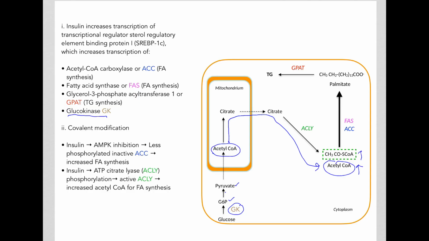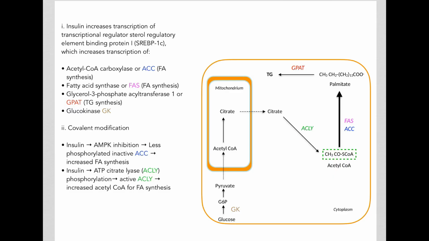And this acetyl-CoA, as we saw in a previous video, is the building block for synthesis of fatty acids. So all of this is going to increase fatty acid synthesis as well as triglyceride synthesis in the liver cells.